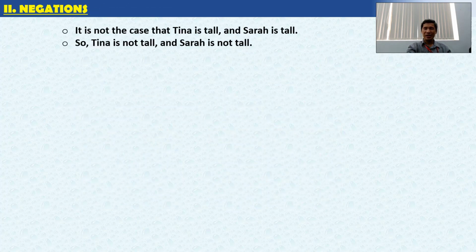Now we are going to analyze this. It is not the case that Tina is tall and Sarah is tall. So Tina is not tall and Sarah is not tall. It's a headache now. Now, not the case P and Q. Not P and not Q. You can see, sounds simple, but we need a few steps in order to get these two values.